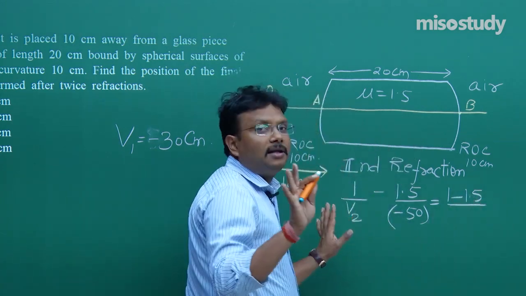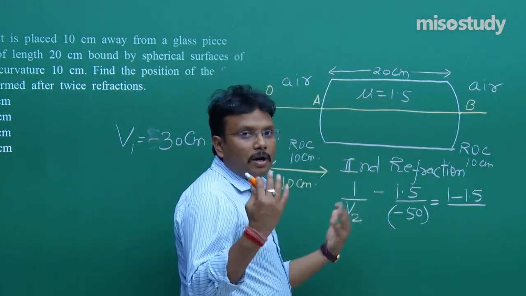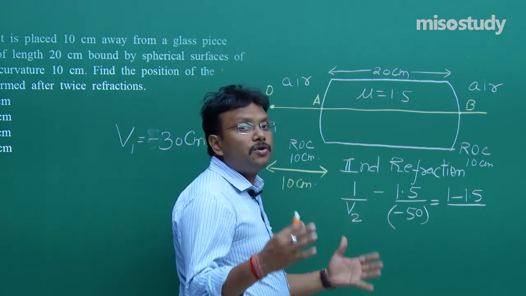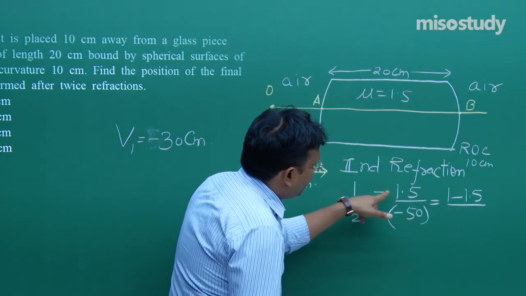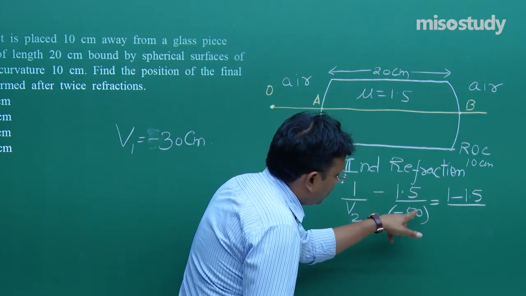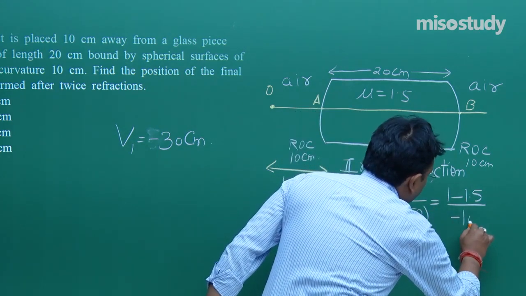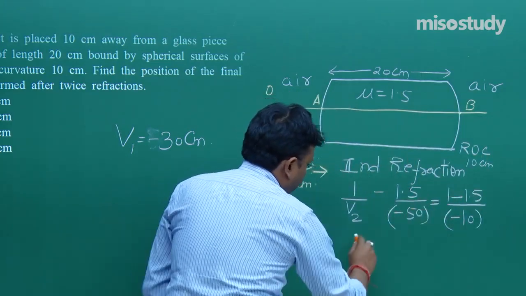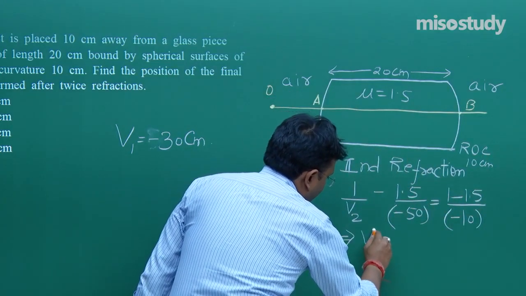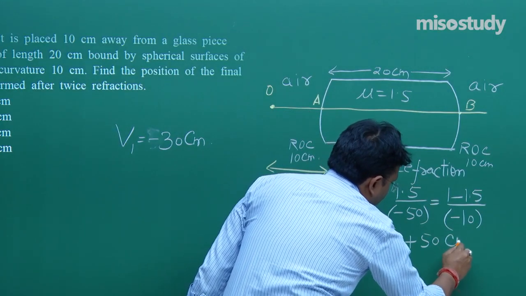I am not doing anything complicated, just putting the values in your well known formula 1 upon V minus 1 upon U is equal to 1 upon F type of relation. Fine. So 1 upon V2 minus 1.5 upon minus 50 is equal to 1 minus 1.5 upon minus 10. Once you solve this simple equation, you will get V2 is equal to plus 50 centimeter.